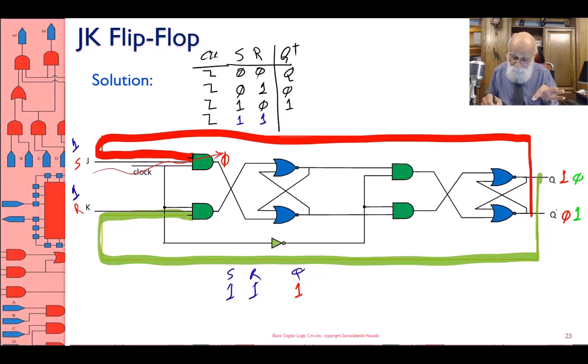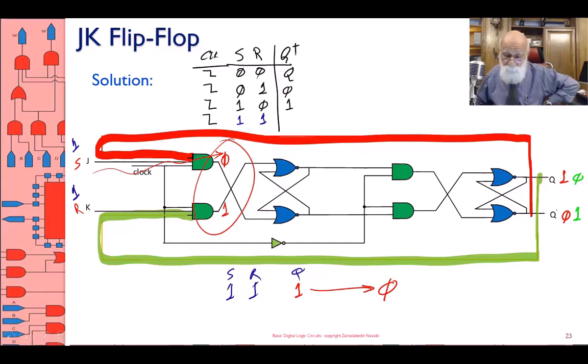The red line is 0 because it's coming from Q bar the time that my flip-flop is set. On the other hand, the green line is 1 because it's coming from the Q in case it is set, and therefore this allows the reset to go through, and the blue reset now becomes a 1 here. So even though externally I had 1, 1, now I have 0, 1. That means I'm only resetting it. What it means is if it's 1, 1, Q is 1, Q becomes 0.